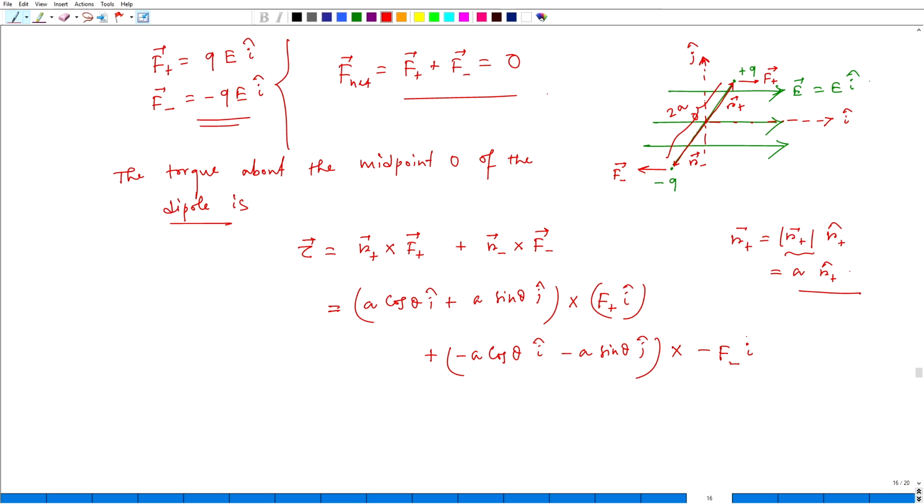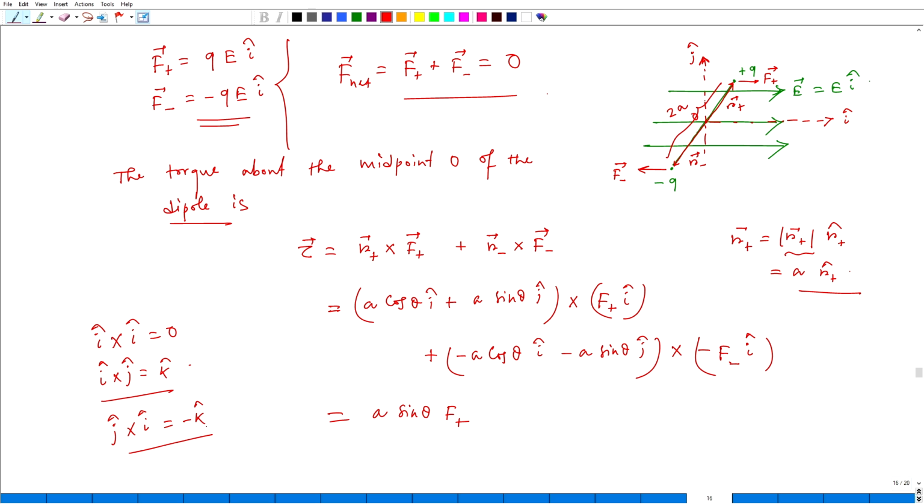So, the magnitude is the same, but the direction is opposite. By simplifying this, we get a sin theta F plus. Now, i cap cross i cap vanishes, so i cap cross i cap is 0, but i cap cross j cap is k cap, and j cap cross i cap is minus k cap.